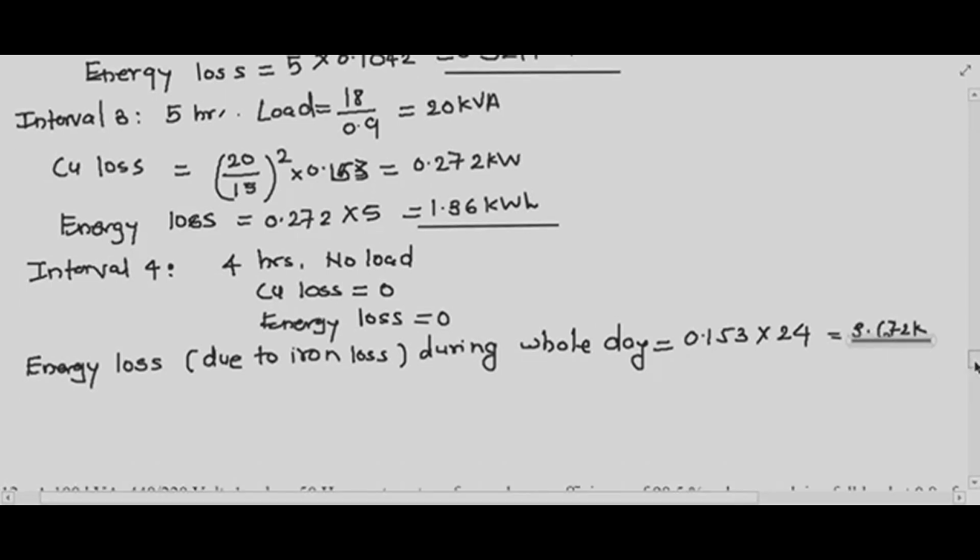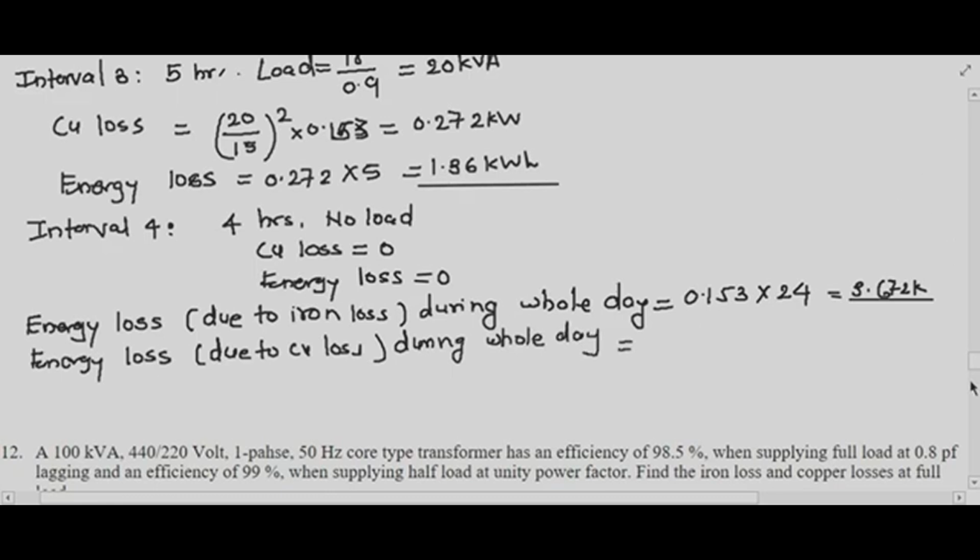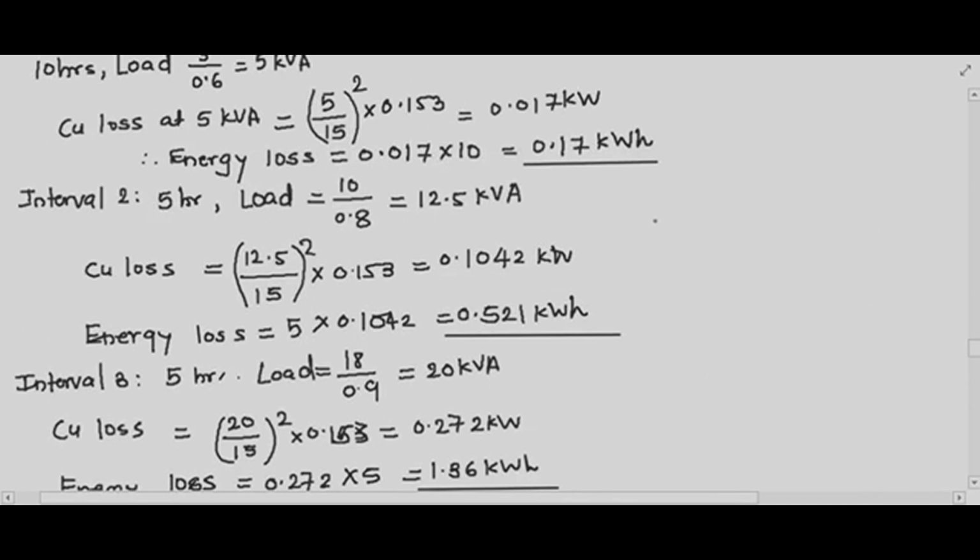Okay. Then I will write down the next point, energy loss due to copper loss during the whole day equals, now we have to add these 3: 0.17, 0.521 and 1.36.